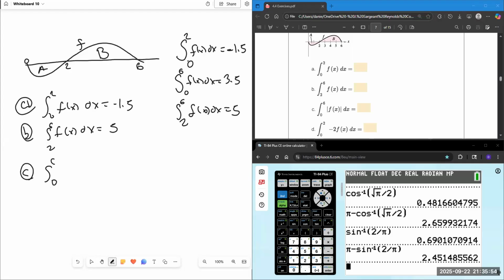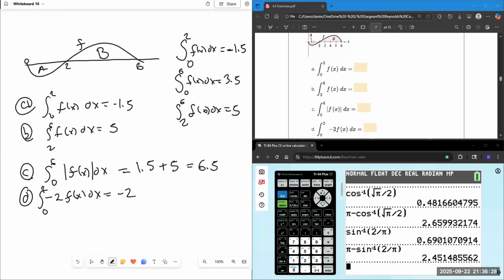C, the integral from 0 to 6 of the absolute value of f of x dx, so that's going to be 1.5 plus 5 is 6.5. D is negative 2 times the integral from 0 to 2 of f of x dx, which is negative 2 times negative 1.5. So that's 3.